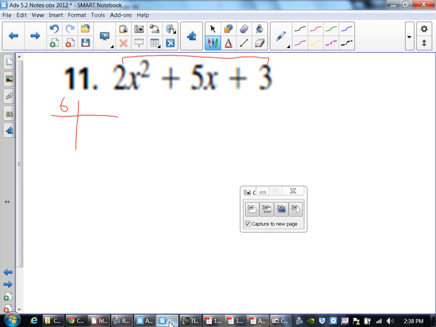So what times what is 6, but I add together and I get 5? Convenient. Which means my middle term then becomes 2x squared, 2x, 3x, and a 3.